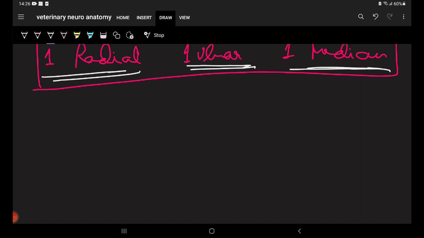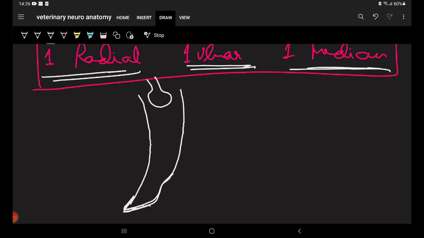We'll draw something like this. So: distal end of humerus, radius, ulna, carpal, metacarpal, first phalanx, second phalanx, and third phalanx.